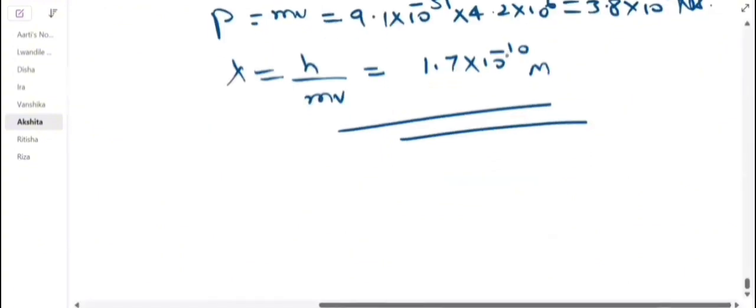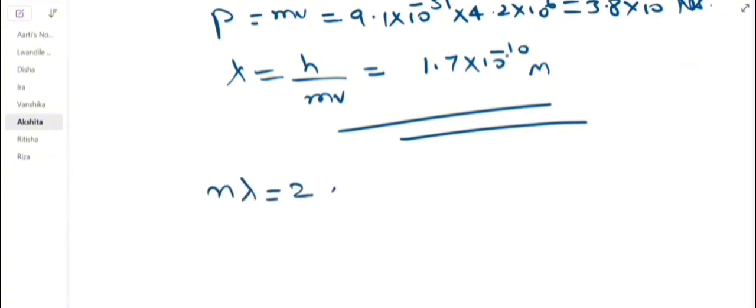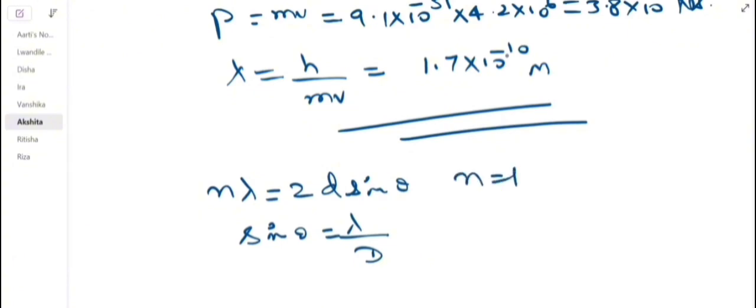So basically the wavelength that we are using here is used to see the diffraction pattern of the light through the diffraction grating and to calculate the angle of the very first maxima of the diffraction pattern. We are aware that n lambda equals 2d sine theta, or we can write it as sine theta equals lambda over d, because here n equals 1. Only the first maxima we are using, so 2 will not come.